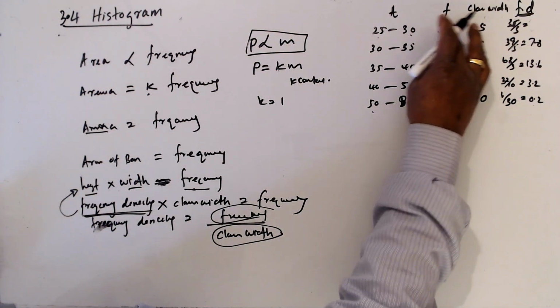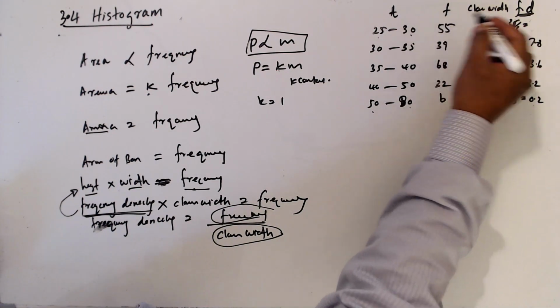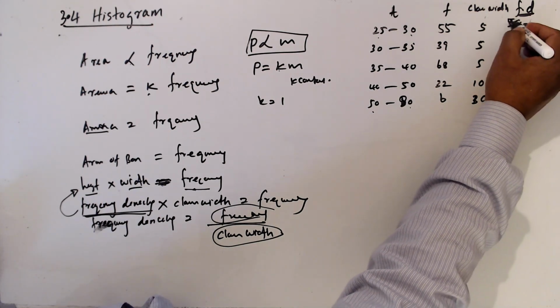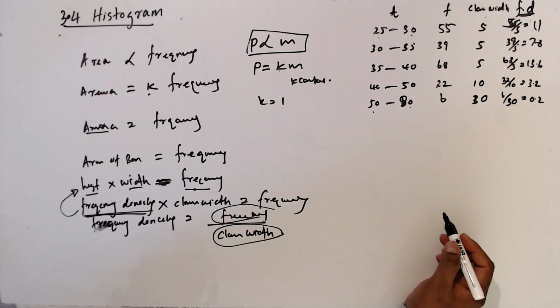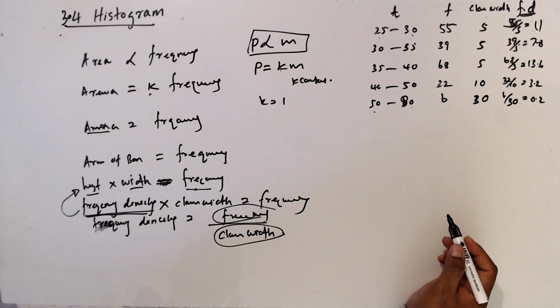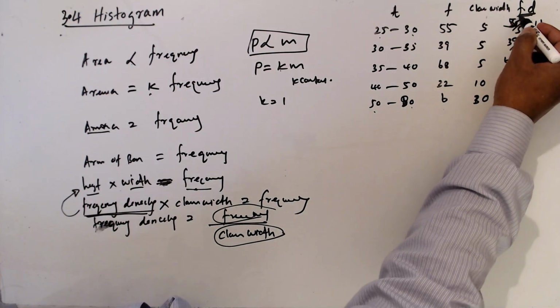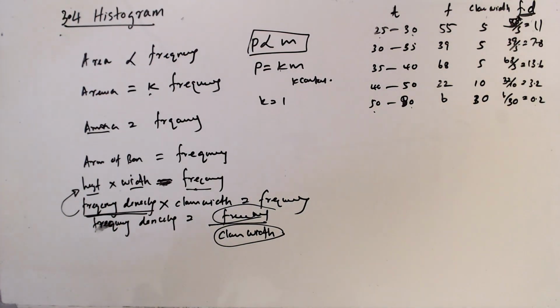I'm going to change this value to 55. So 55 divided by 5 is 11. For a reason you will see later why I made that change. 55 divided by 5 is 11.